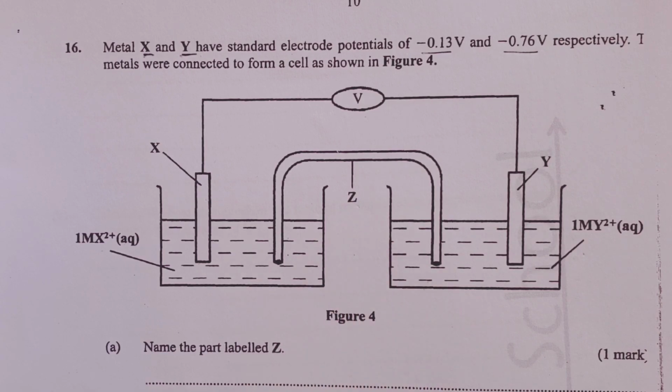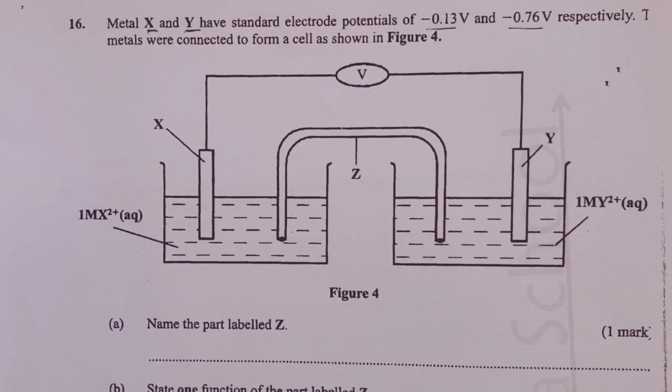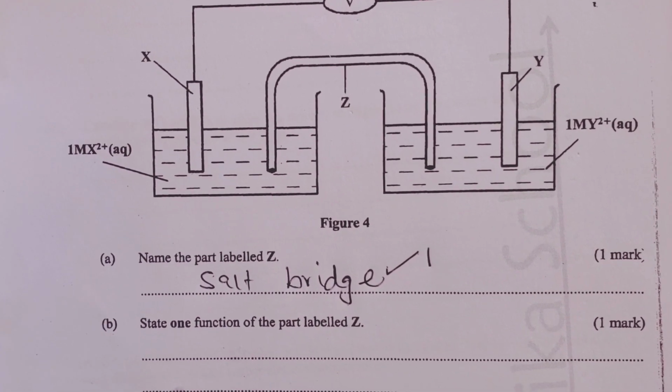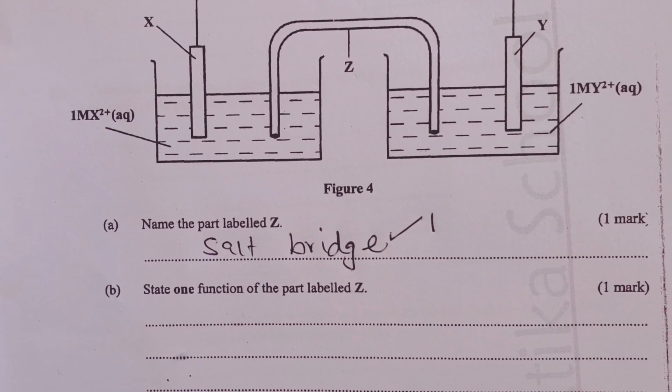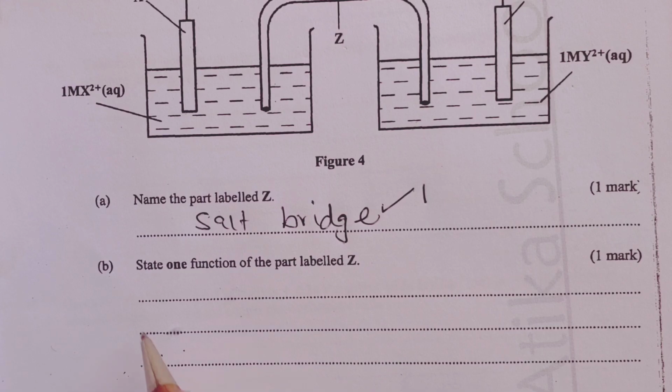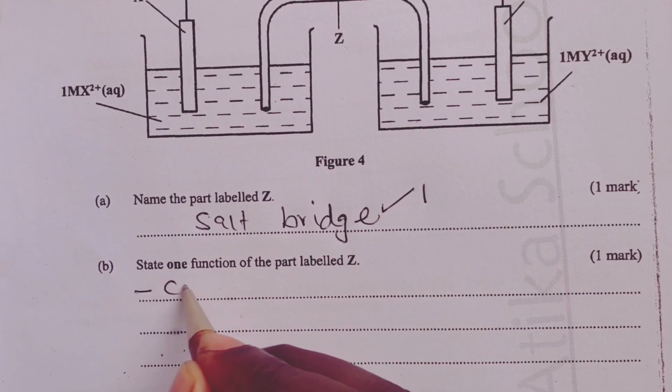So, to the questions, name the part labeled Z. Z is our salt bridge for 1 mark. Second question, that is part B, we are told to state one function of the salt bridge. So salt bridge completes the circuit.